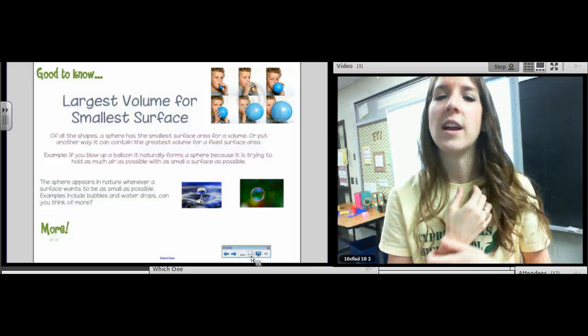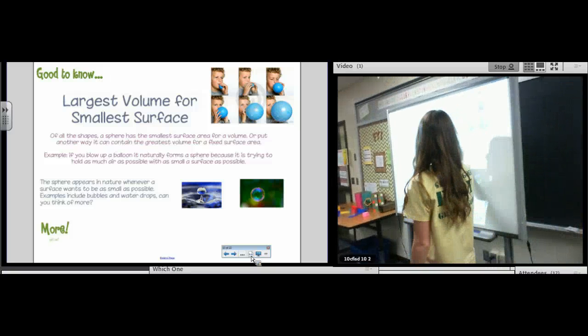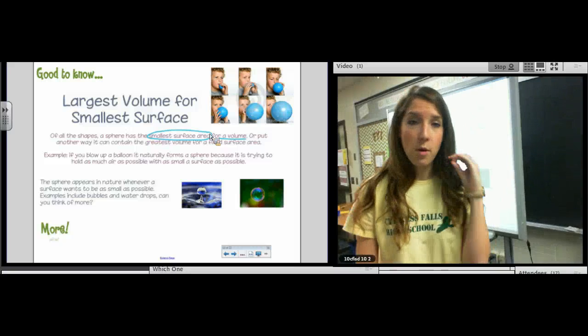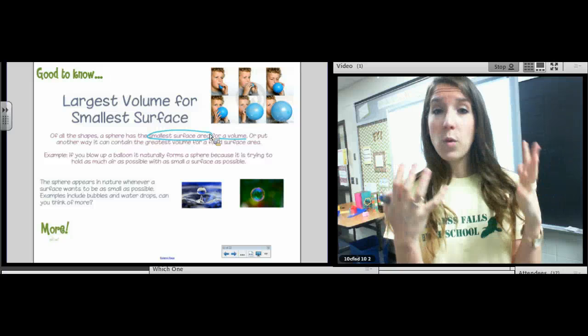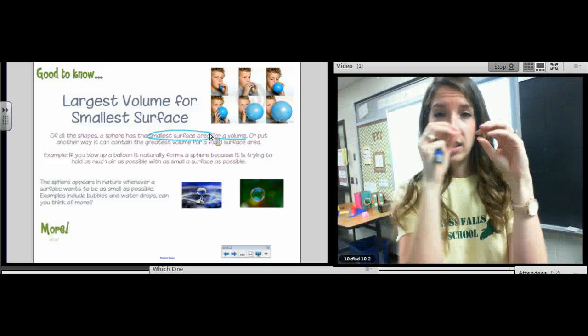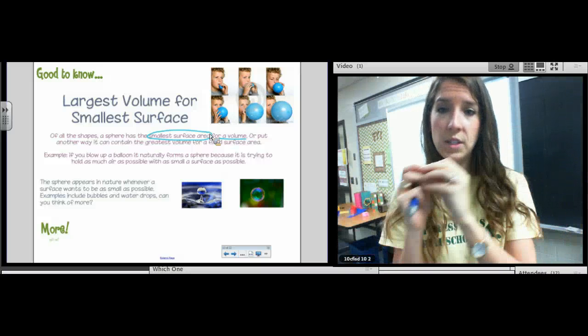Well, it is because a sphere has the smallest surface area for a given volume. So it's the most bang for the buck. When you're blowing up a balloon, it doesn't want to pop, but it wants to get as big as it can get. So a sphere has the smallest surface area for the most volume.